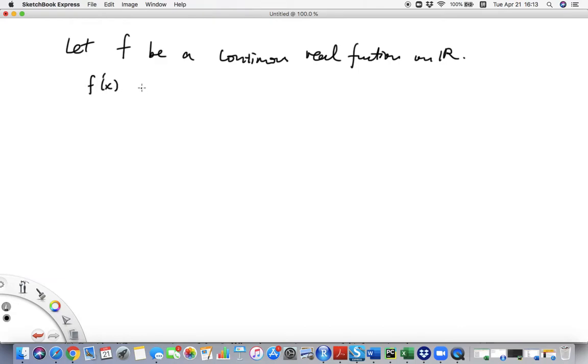All right, next. Let f be a continuous real function on R, and we know that f prime of x exists for all x not equal to 0, and that f prime of x goes to 3 as x goes to 0.